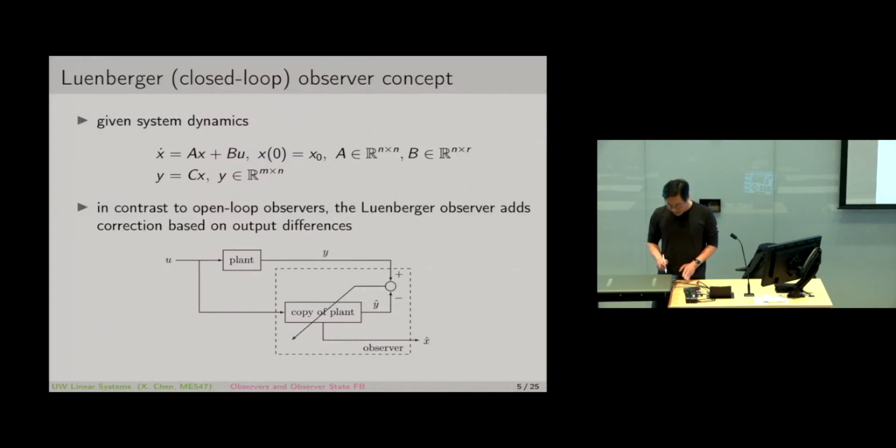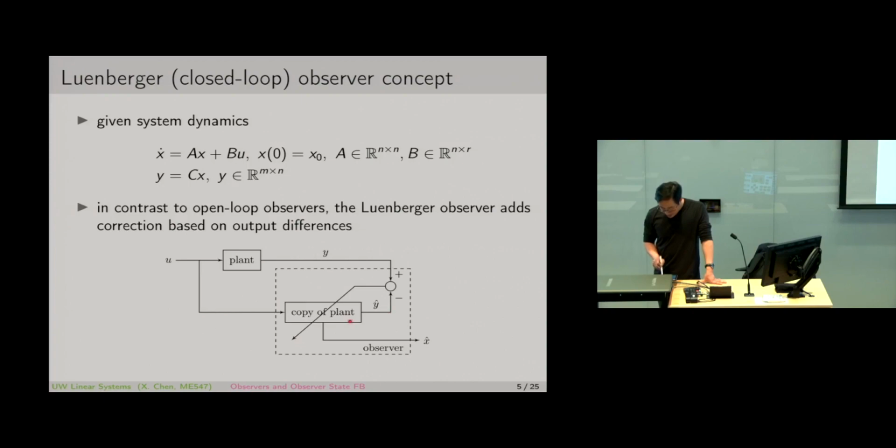What we do is this concept called closed loop, or Luenberger observer. The concept is very simple. Instead of just doing a direct copy of the plant, which is what we did previously, we just add one small thing, and then the entire story will be changed.